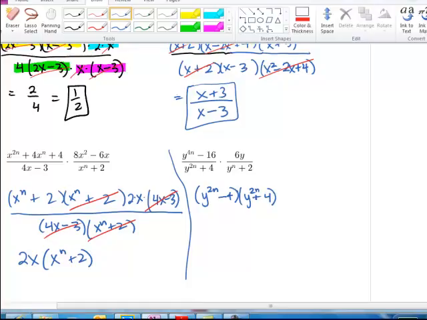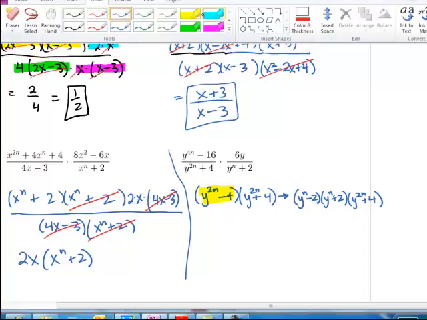And keep in mind now, this is not factored yet because it's another difference of squares. So let's just work on this factor alone. So we'd have actually y to the n minus 2 and y to the n plus 2 times y to the 2n plus 4, right?